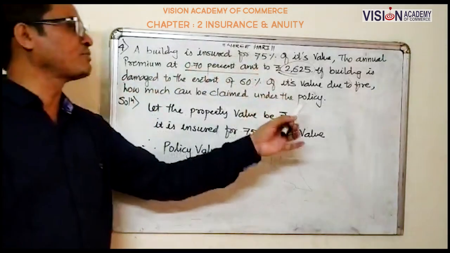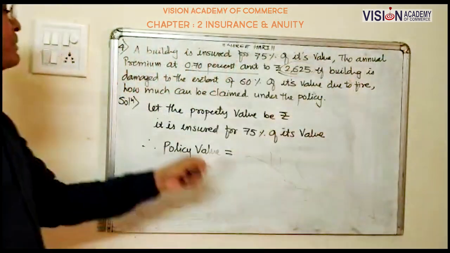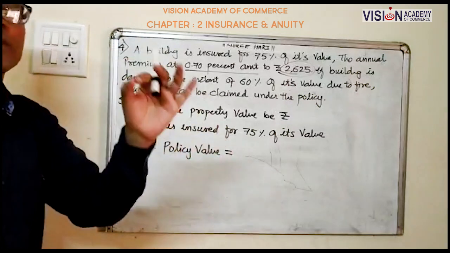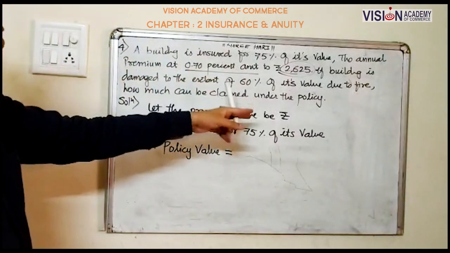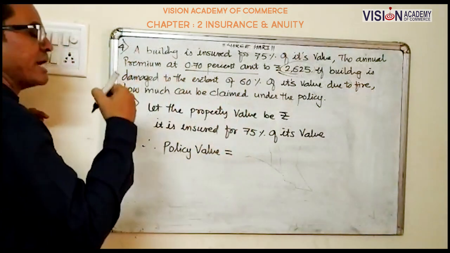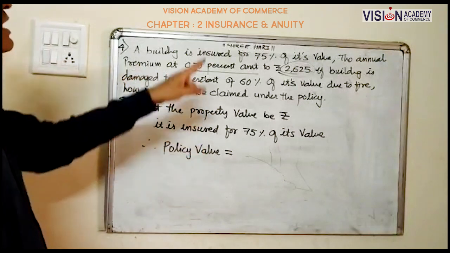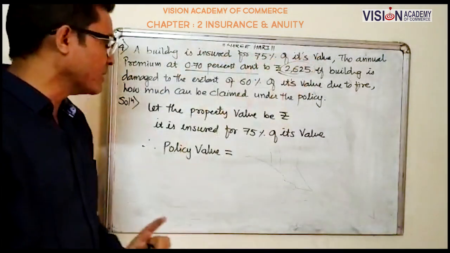A building is insured for 75% of its value. The annual premium at 0.70% amounts to 2,625. Means here we do not have property and policy value both, but the insurance part is 75%.